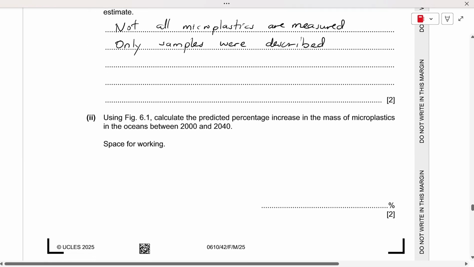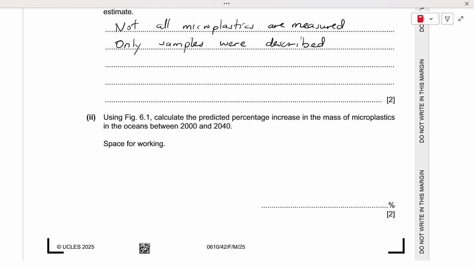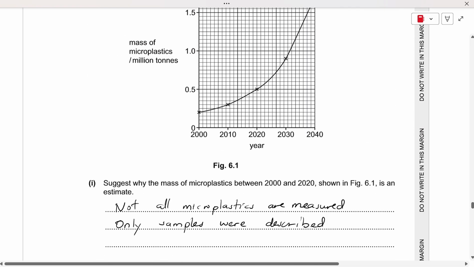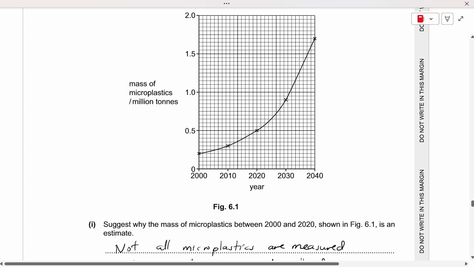Using figure 6.1, calculate the predicted percentage increase in mass of microplastics in the ocean between the year 2000 and the year 2040. Let's read the reading in the year 2000. Okay, in the year 2000, it's here. So what is the estimated mass of microplastics?